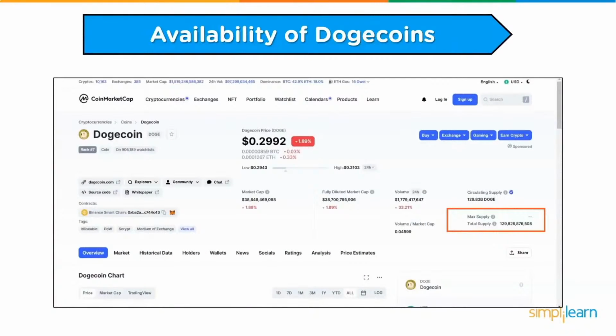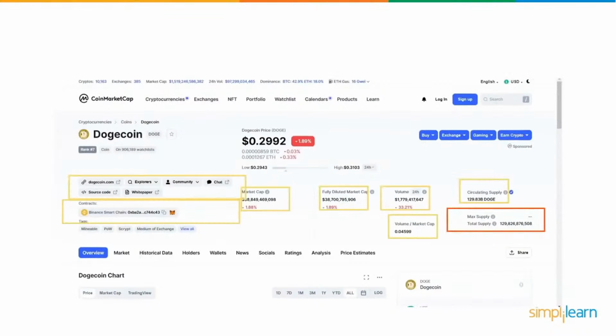In this graph, you can see the red box on the right side of the graph shows the maximum supply of Dogecoin. On the extreme left, you can see first the options that you can use according to your requirements. Like if you want to know about Dogecoin, you can go for the first option, that is www.dogecoin.com, which will lead you to the official website of Dogecoin.